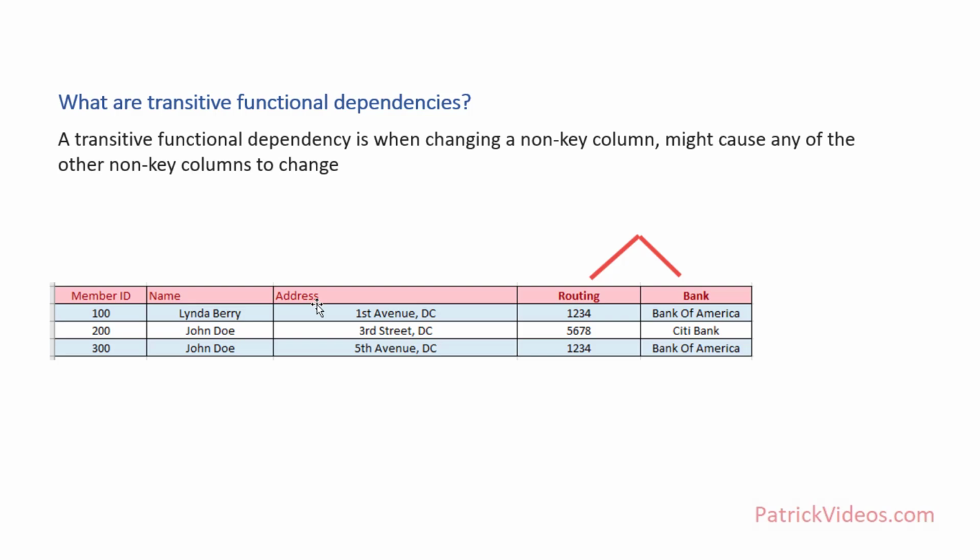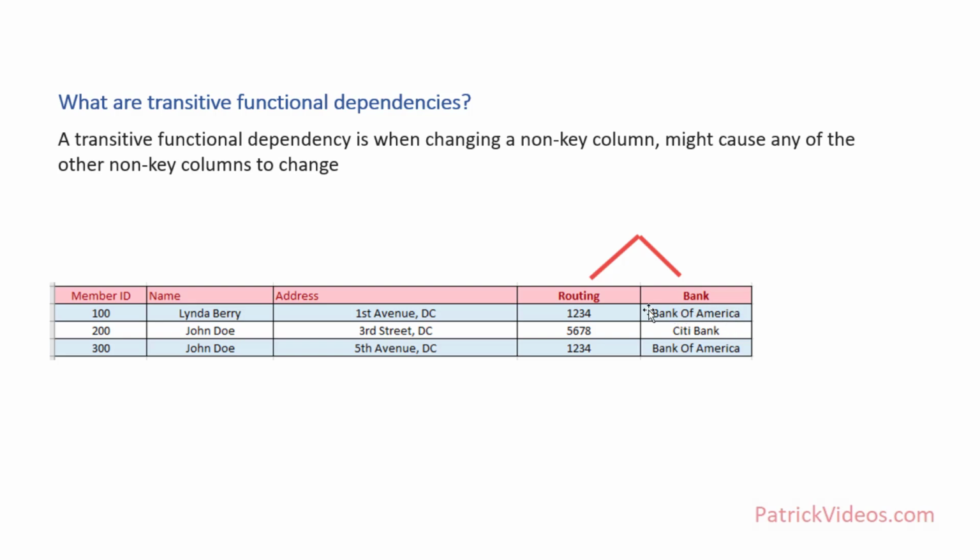Now, before we move on to the third normal form, let us understand the concept of transitive functional dependencies. Let's take a look at this particular table right here. So Linda Berry of First Avenue has this routing number and bank name. Now, every bank has a unique routing number.